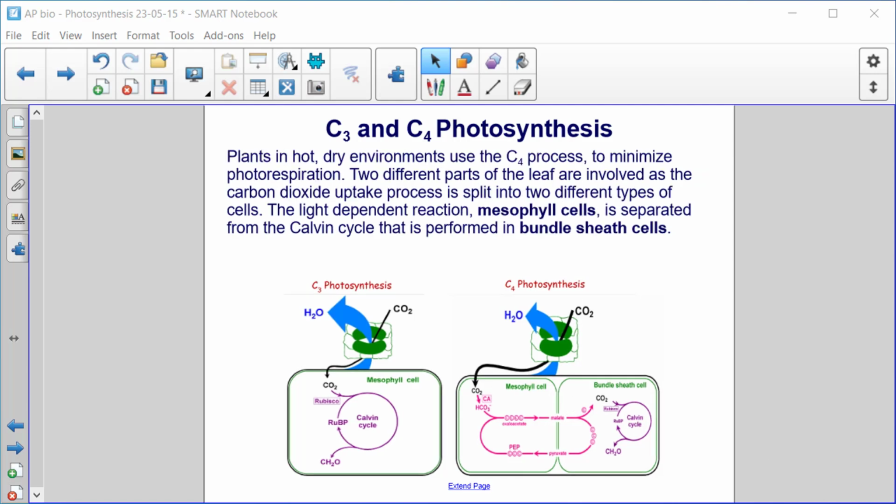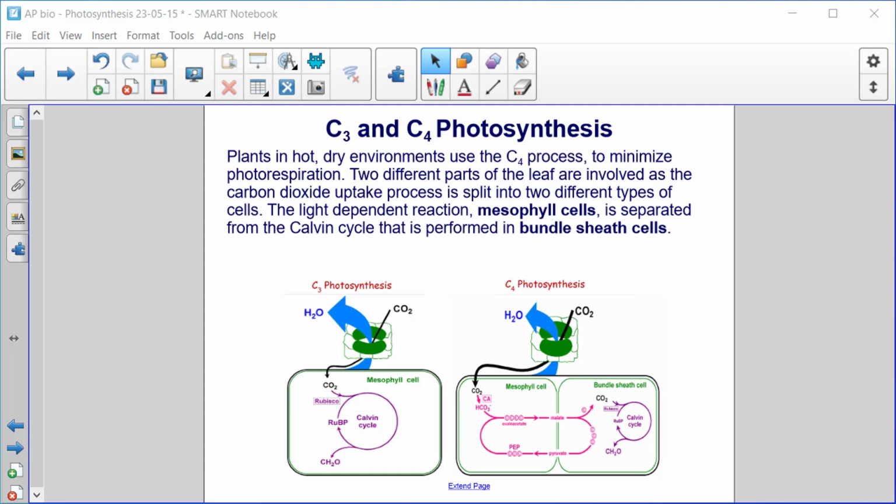Plants that are in hot, dry environments use the C4 process to minimize photorespiration that occurs at the surface of the leaf. Two different parts of the leaf are involved as the carbon dioxide uptake process is split into two different types of cells.